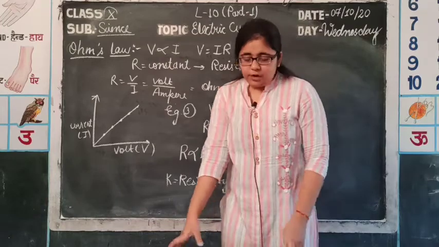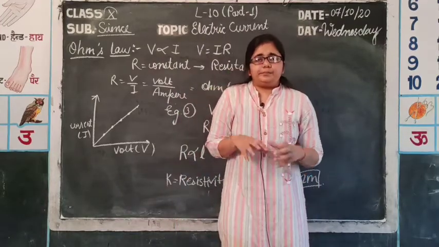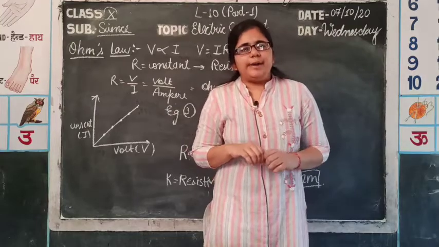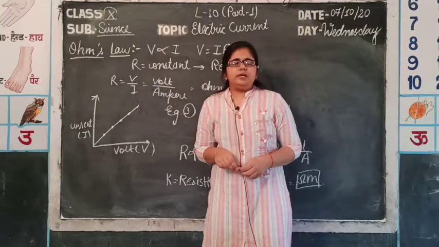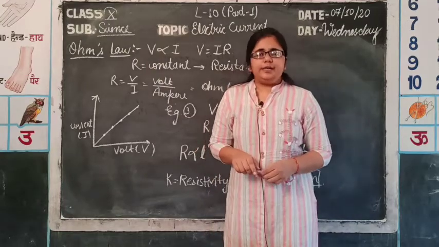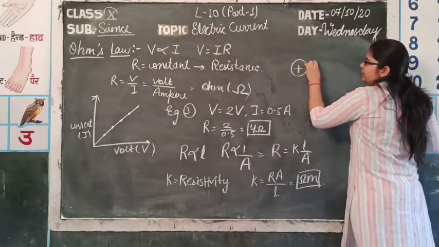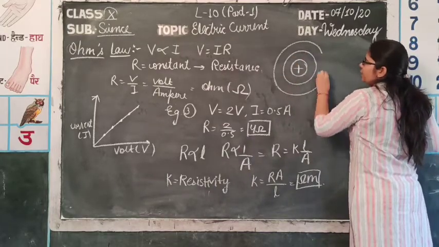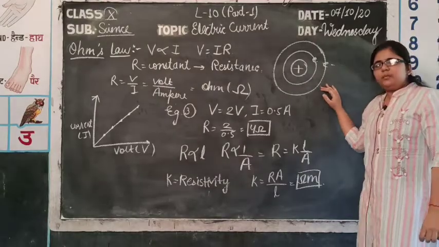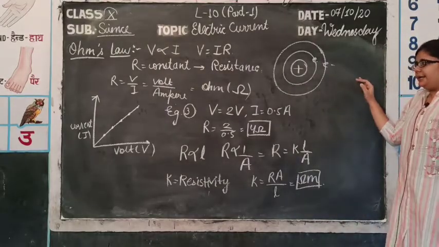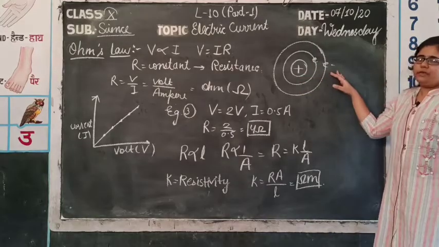After that, now we will discuss resistance. You know that a metal wire is made up of molecules. In molecules, there are several atoms. In an atom, there is a nucleus in the center and the outer orbits have electrons.